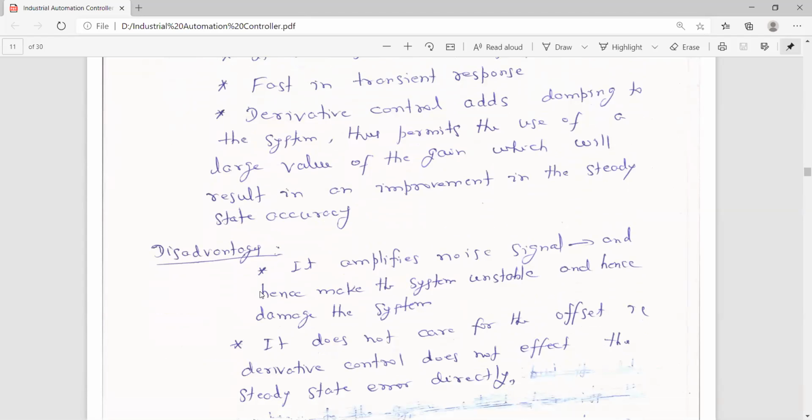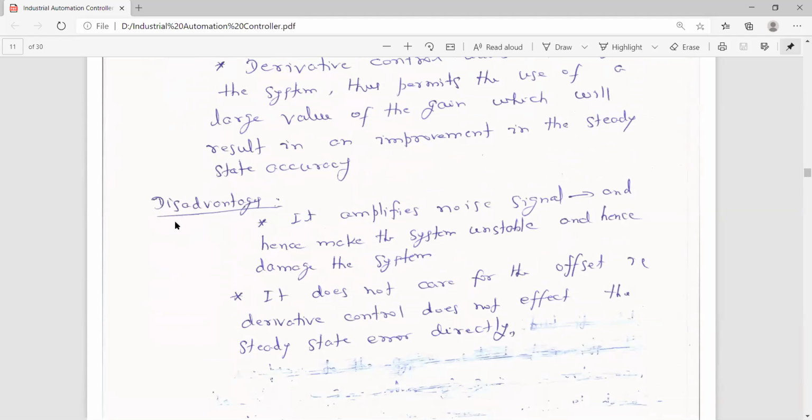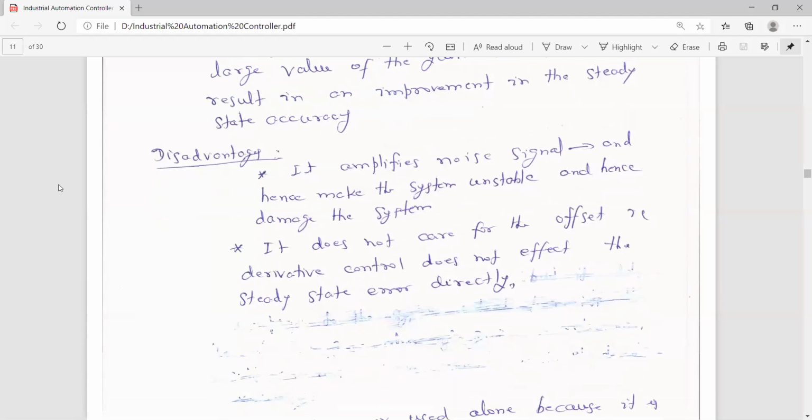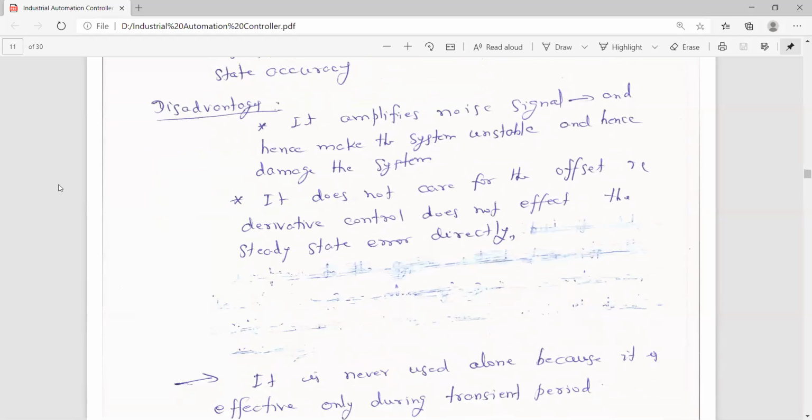The disadvantage, a major one, is that it picks up noise, means unwanted signal, and amplifies it. As a result, the system becomes unstable and it can damage the entire system. The second major drawback is that it doesn't care for offset in a direct way.